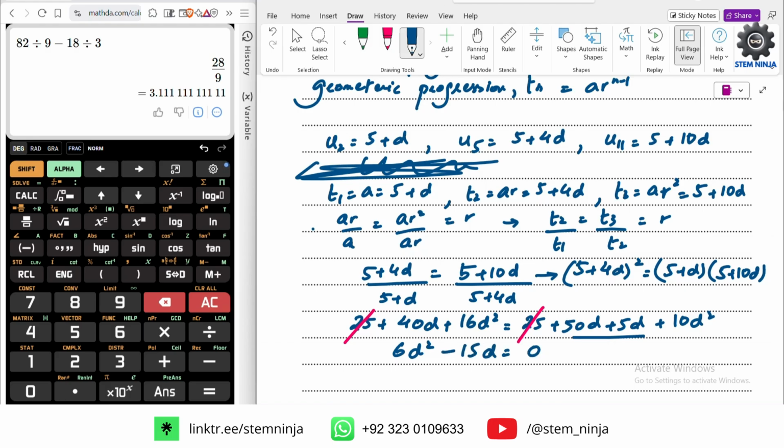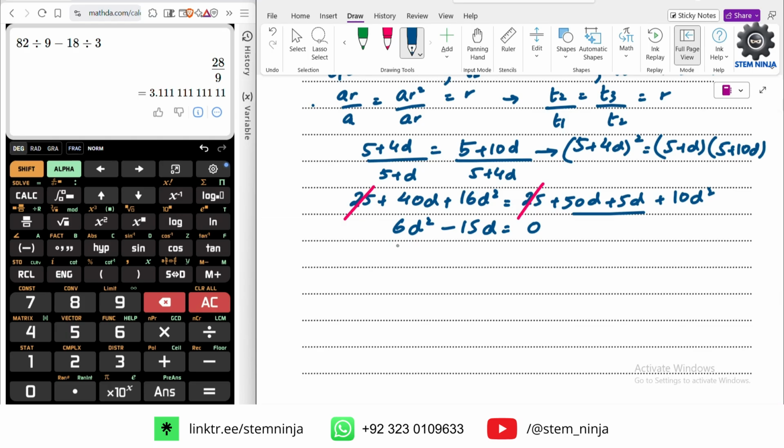So as you can see, this becomes a quadratic equation, which you can divide by 3 on both sides. You will get 2d squared minus 5d equals 0. D can be factorized: d(2d minus 5) equals 0.